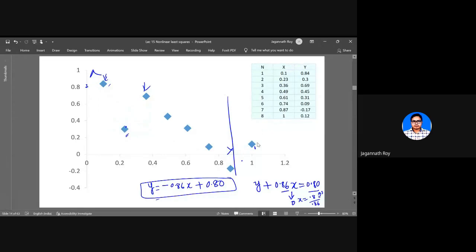Or maybe we can have e power x, a into a1 x. This can also be a possible least square. So our task will be finding a2 and a1.